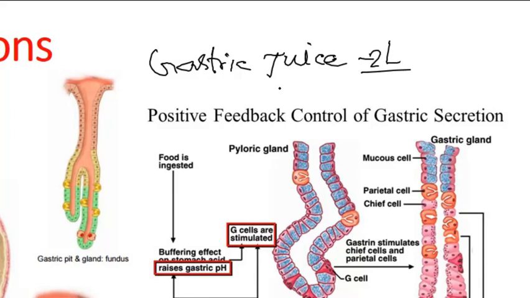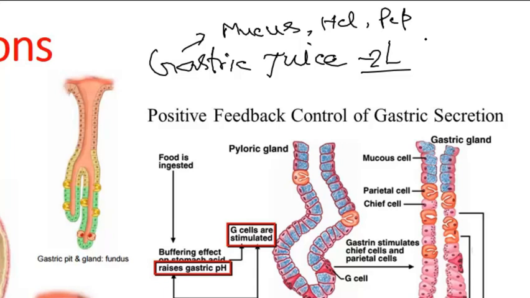Generally gastric juice has several constituents: mucus, HCl, and pepsinogen. Pepsinogen is a precursor of the enzyme pepsin, which is a protease enzyme, and there are also intrinsic factors.